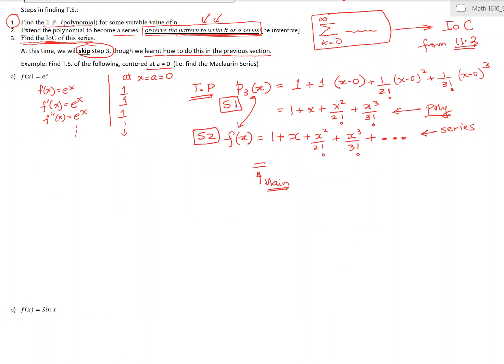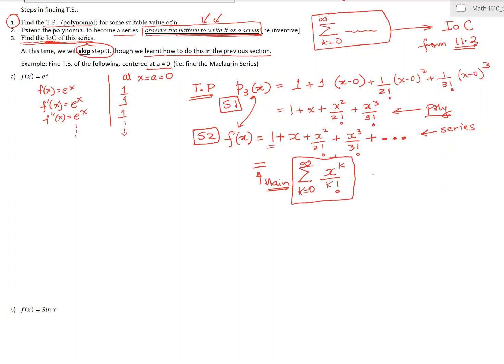How do I write it as a series? In this case it's pretty obvious. I would say summation. Now notice you have x, x squared, x cubed, so they are all x raised to the k, and they are divided. x squared is divided by 2 factorial, x cubed is divided by 3 factorial, so it's divided by k factorial. And my k starts from, notice that the first term is 1, that means x raised to the power 0, so therefore it starts from 0 and goes on till infinity.